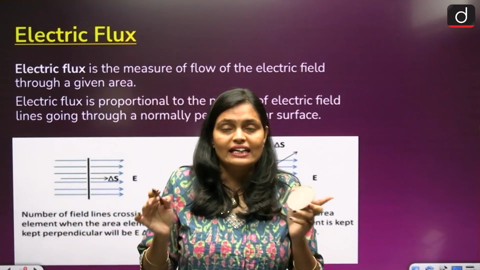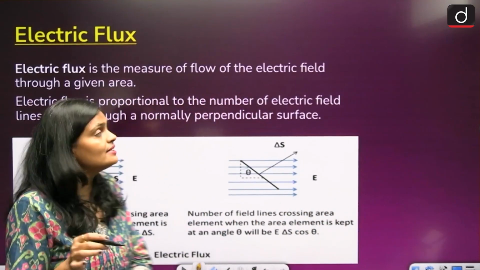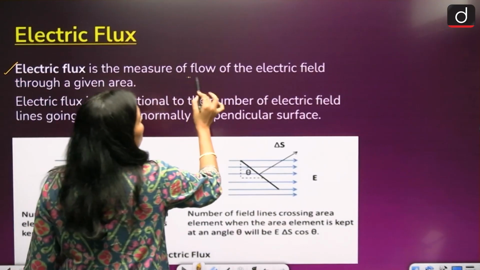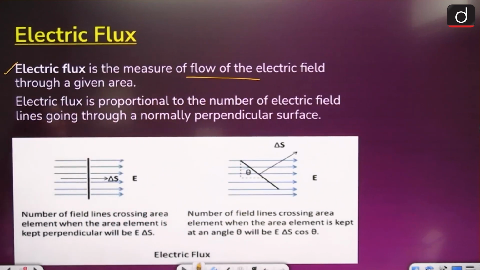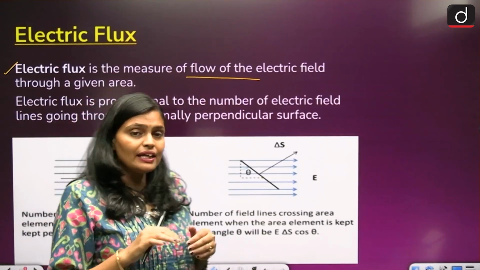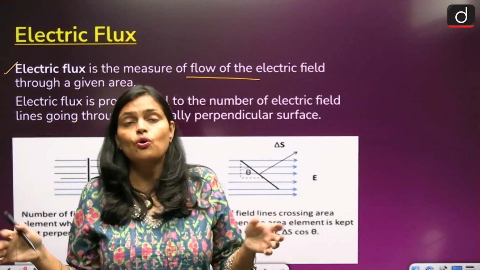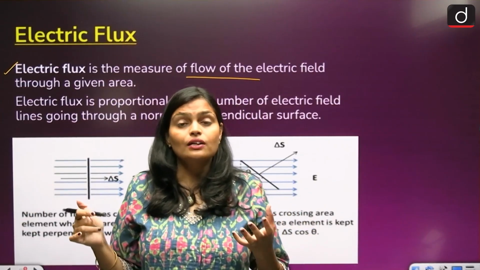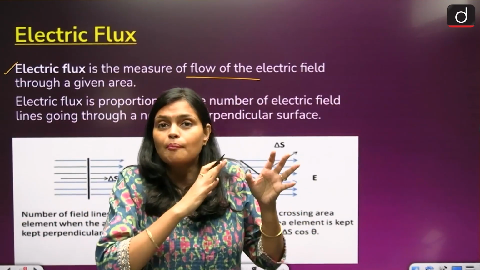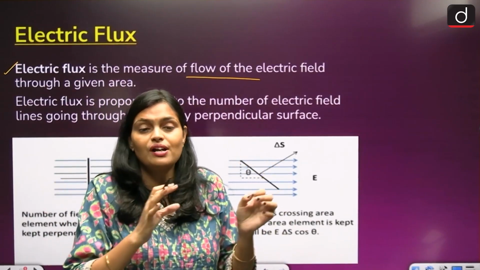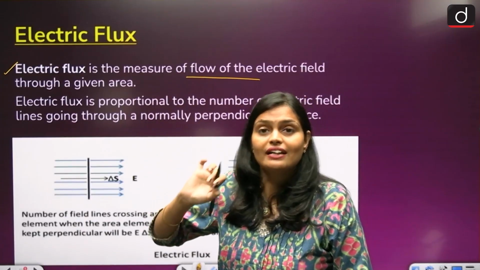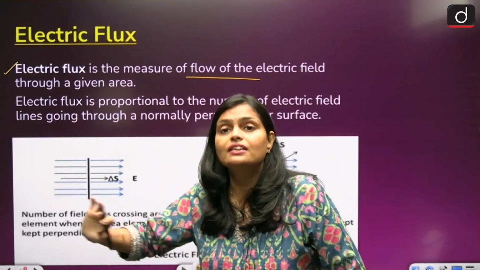So now electric flux is defined as the measure of flow of electric field through a given area, right? तो electric flux helps you to understand or measure the number of electric field lines coming out of that surface.